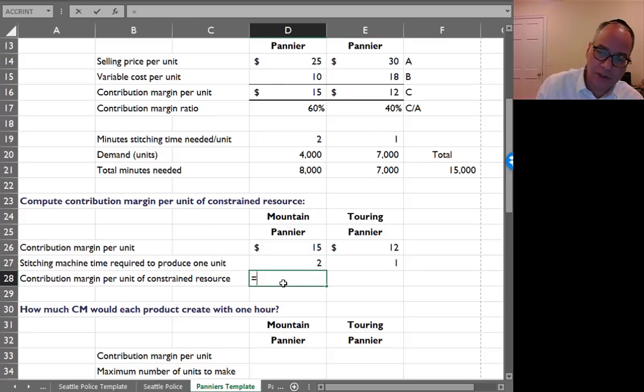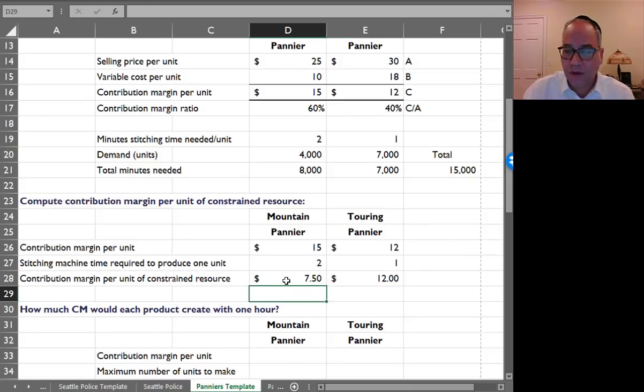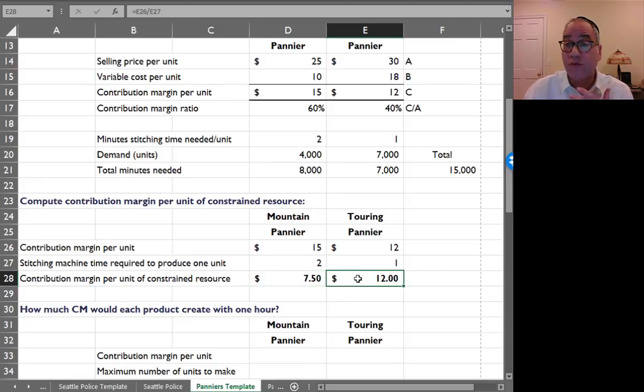So the contribution margin per minute of the machine, mountain pannier gives you $7.50 per minute, whereas the touring pannier gives you $12 per minute. So you're going to prefer the touring pannier because it produces more contribution margin per unit of the constrained resource, in this case per minute of stitching time.